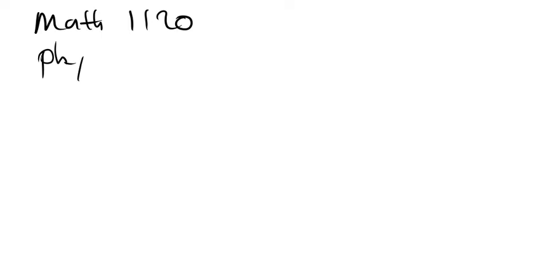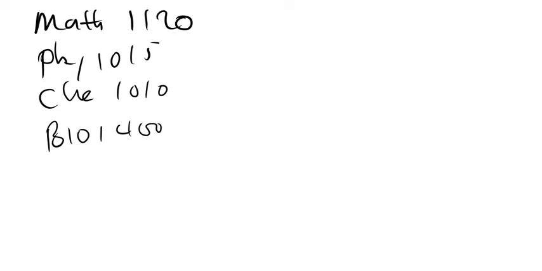The programs that I've just mentioned here, you are going to have math 1120, then you are going to have physics 1015, you are going to have chemistry, which is chem 1010, then you are going to have BIO 1400, and DME 1115.